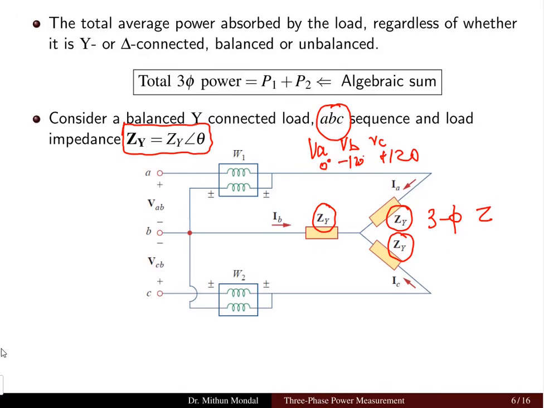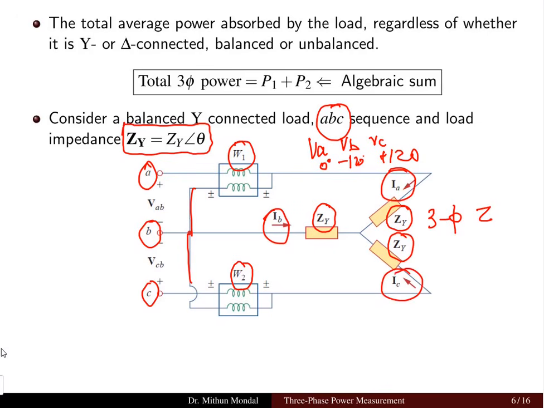So we have the ABC phase sequence, and we have connected two wattmeters W1 and W2 in phase A and phase C, and the common point is connected to phase B. The currents going in the phases are IA, IB and IC.